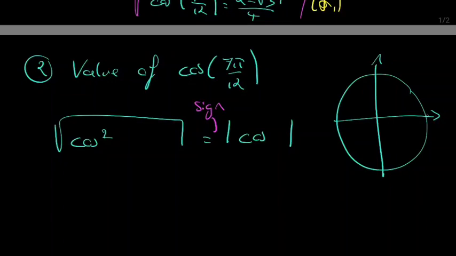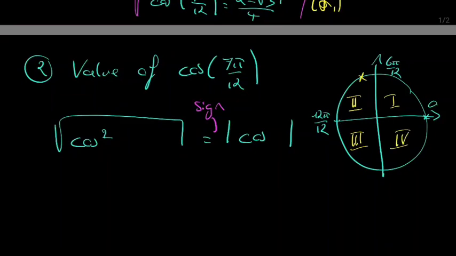We've got our angle 7 pi over 12, that is past 6 pi over 12, but before 12 pi over 12. And so our angle can be here in the second quadrant. And in the second quadrant, what do we have?